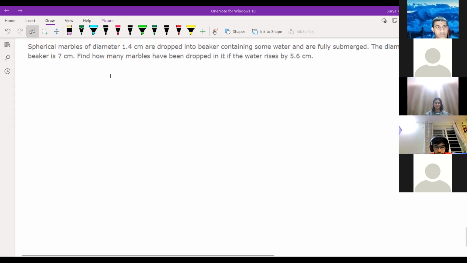Spherical marbles of diameter 1.4 centimeter are dropped into a beaker containing some water and are fully submerged. The diameter of the beaker is 7 centimeter. Find how many marbles have been dropped in it if the water rises by 5.6 centimeter.